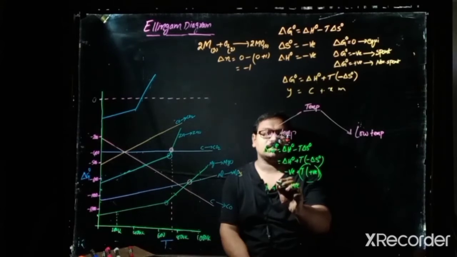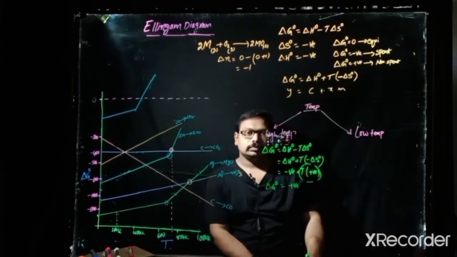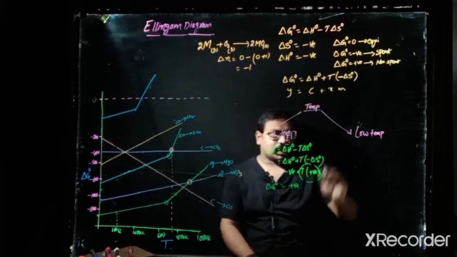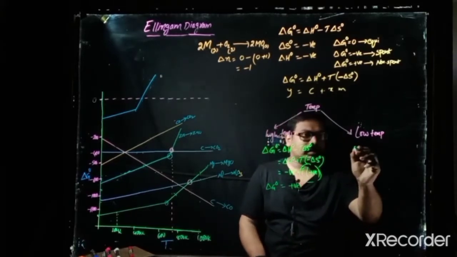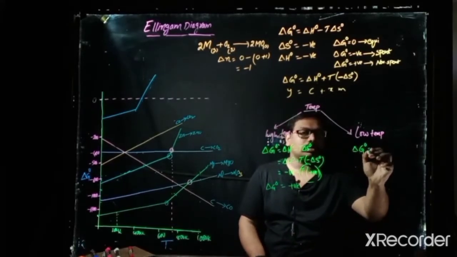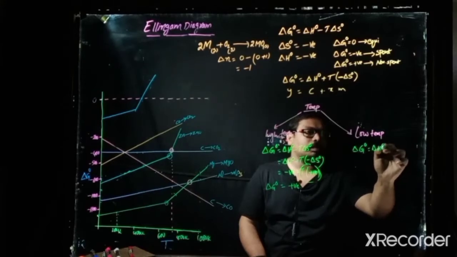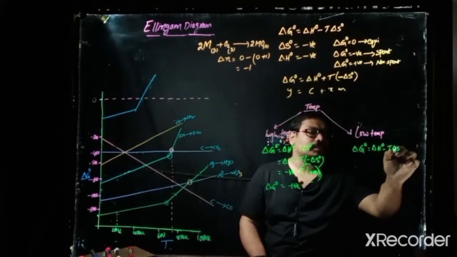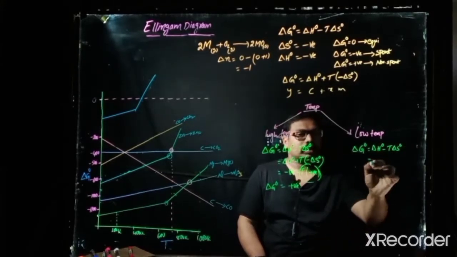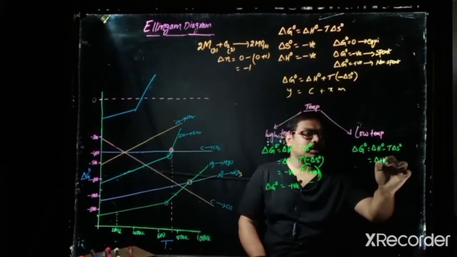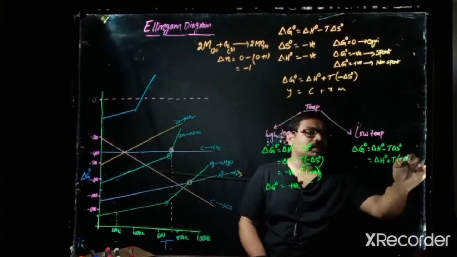Now coming to this part, delta G naught is equal to delta H naught minus T delta S naught, so delta H naught plus T into minus of delta S naught.